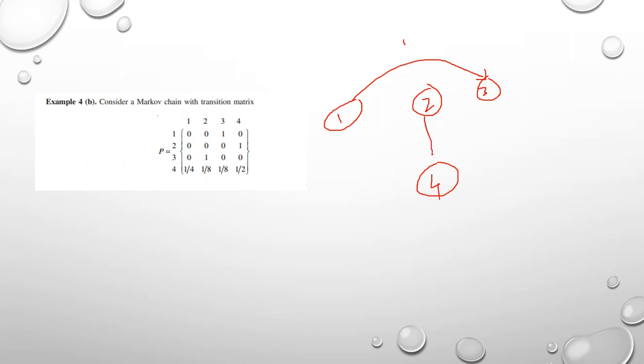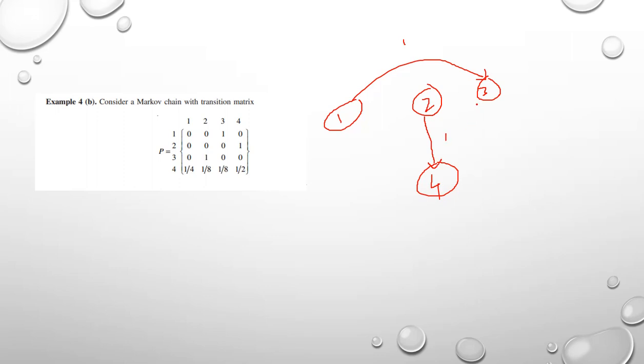Now we can move to one more example. This is also an important example. Now I am formulating the graph for this: 1, 2, 3, 4. The graph is important. From 1 to 3 is 1. 2 to 4 is 1.